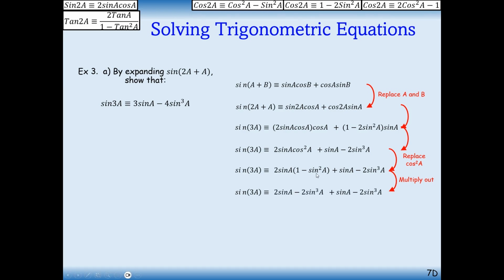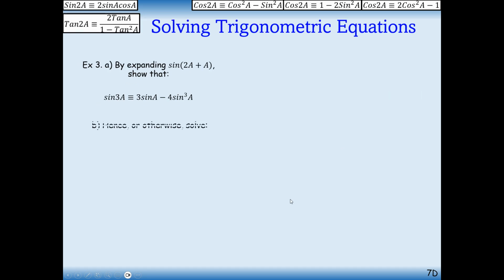So multiplying out the bracket, we will get negative 2 sine cube with another negative 2 sine cube will leave us with negative 4 sine cube and 3 sine A basically. So that proved that identity there. So we answered part A of this question.